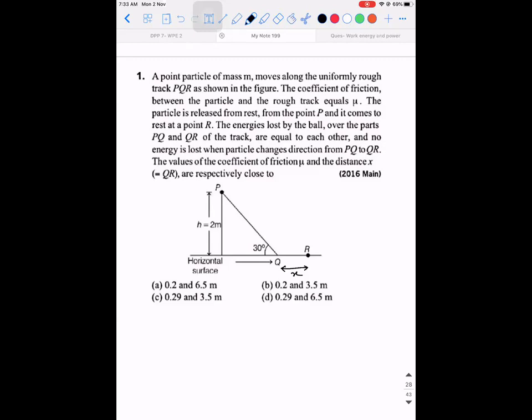How to do, guys? Read the question. Think of the hints they have given. What are the hints that you are able to see? What is the first hint that they have given?